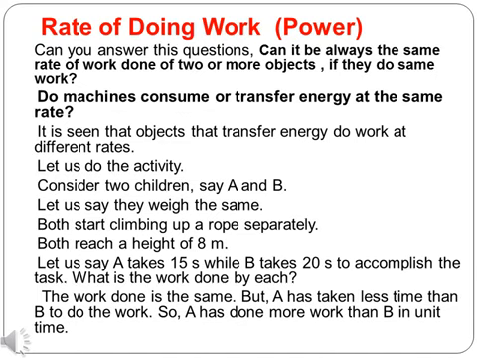So, A has done more work than B in unit time. Therefore, the rate of doing work of A is greater than the rate of doing work of B, since rate of doing work is equal to total work done divided by total time taken.